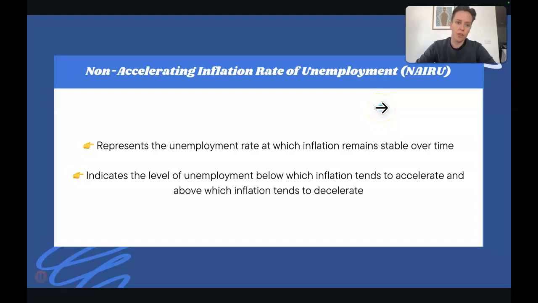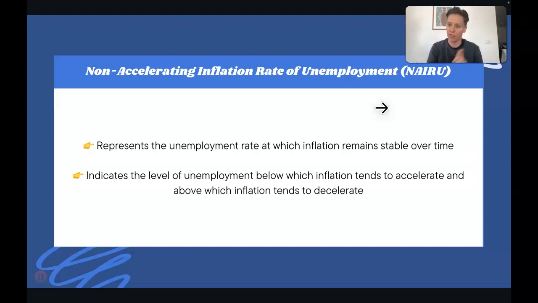Okay, you also need to know the non-accelerating inflation rate of unemployment, referred to as the NAIRU. So it's a fancy way of talking to the goal of full employment, and it represents an unemployment rate in which inflation remains stable over time. So we don't want unemployment to be equal to zero. First of all, that's not possible.